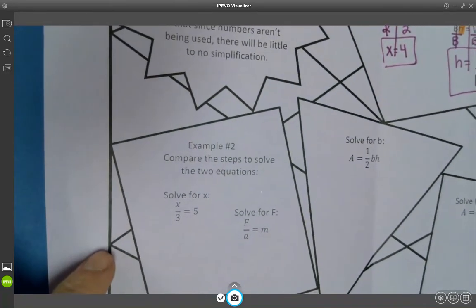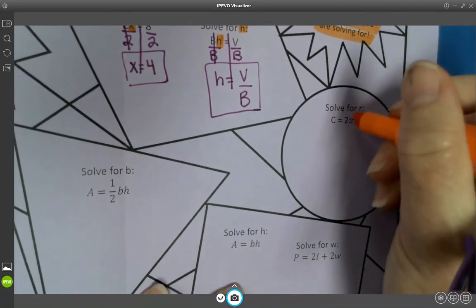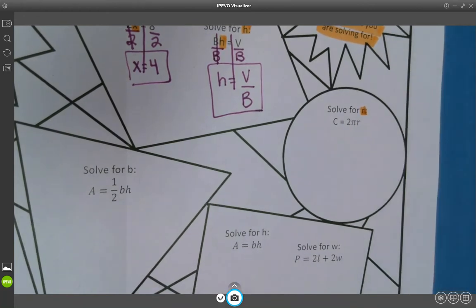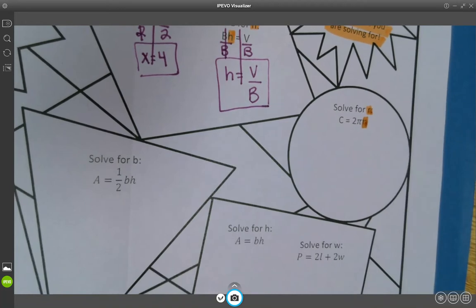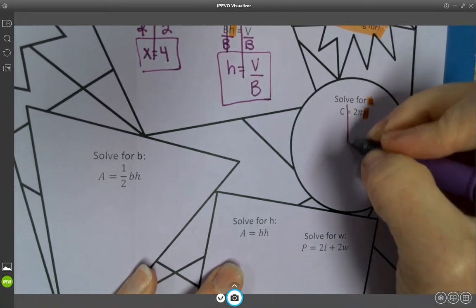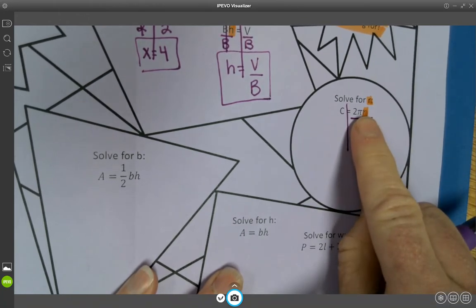Okay, let's look at this one. Solve for r. We have to highlight r in the equation also. This is circumference equals 2 pi r. We look and see what's happening to r. It's being multiplied by 2 and by pi.